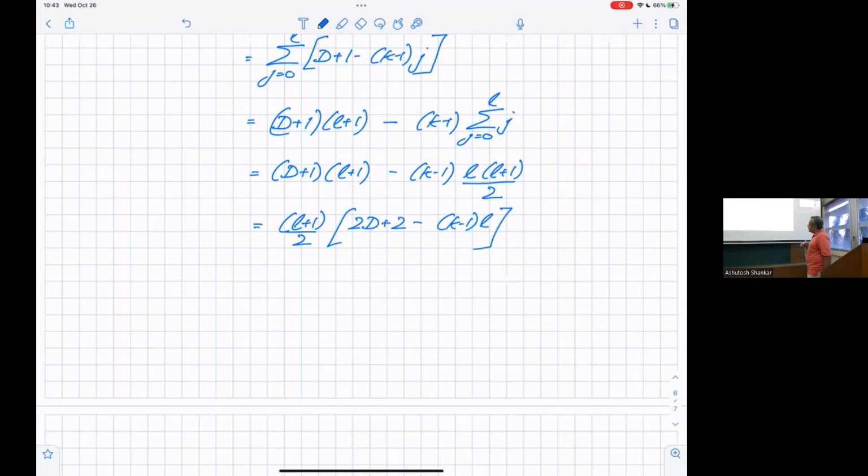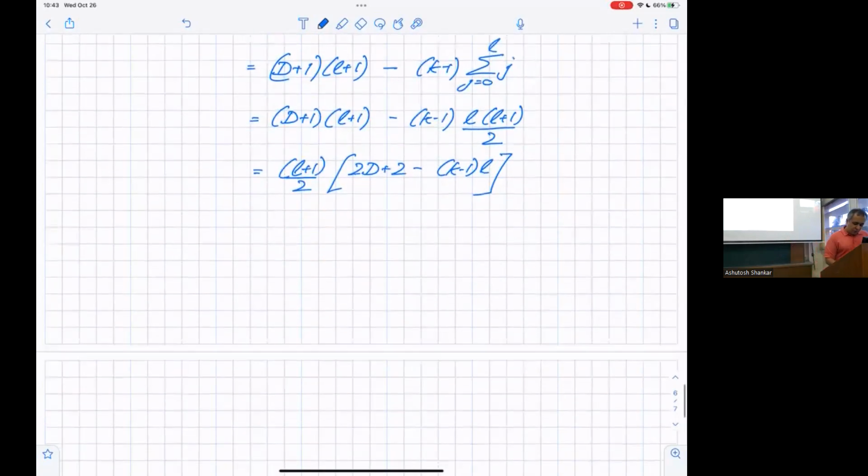Notice I want a lower bound on this. We just want to make sure that this number is larger than n. We want to choose d such that this number is larger than n. Now, I want to say that this quantity is greater than or equal to (l plus 1) by 2 into (d plus 2). Why is this?